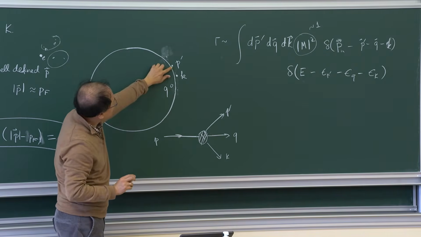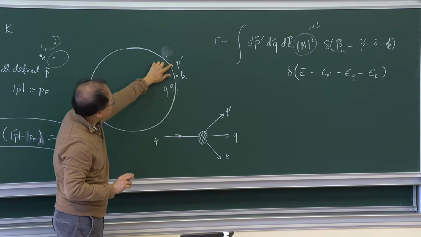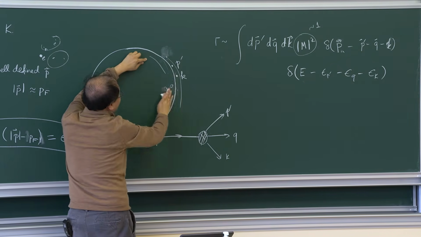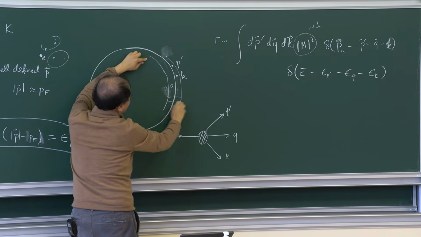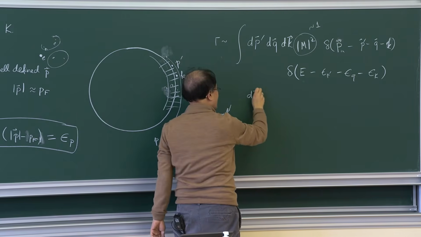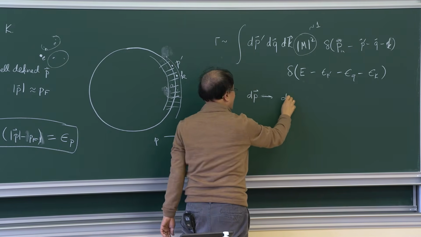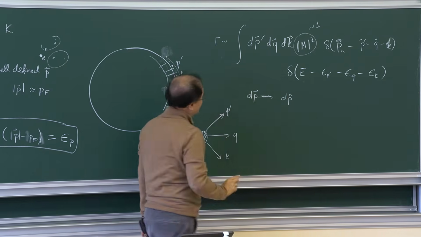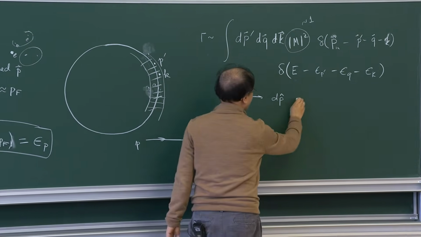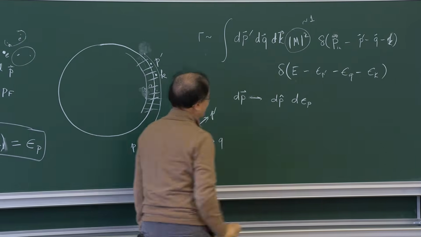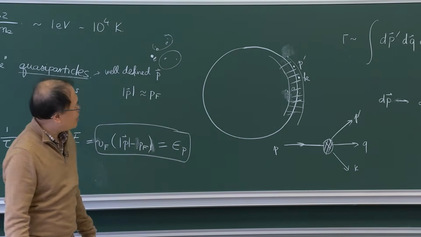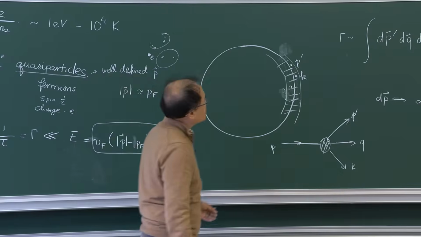An integral where p runs only near the Fermi surface. So basically here we are interested in the region of phase space of momenta near the Fermi surface like this. So a dp can be replaced by an integral over the direction of p times the integral over the radial direction, which I call d epsilon p, because epsilon of p actually measures the radial magnitude of the vector p.